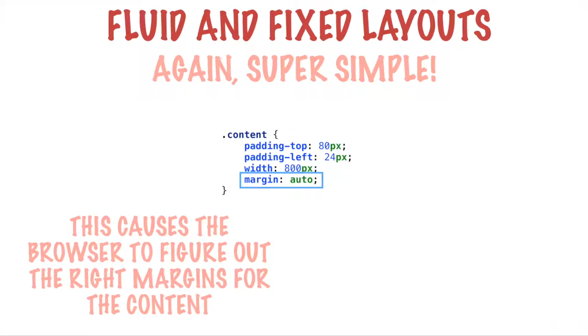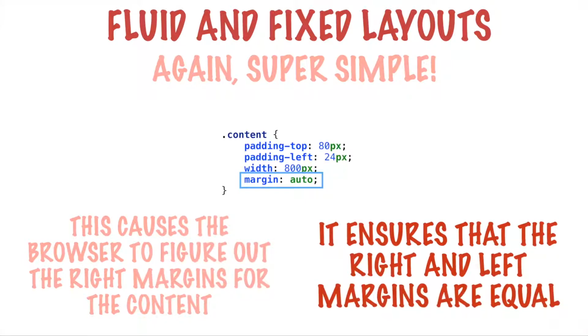Using auto causes the browser to figure out what the correct margins for the content should be. You're basically telling the browser, you figure out the correct margins for the content, and it ensures that the left and the right margins are equal for this particular div or for this particular element to which this content class is applied.